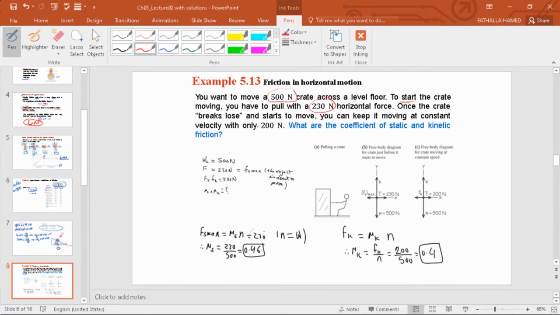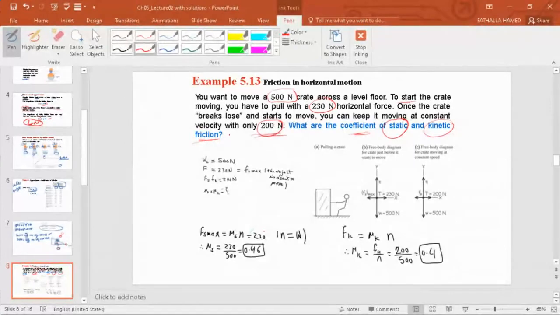Once the crate breaks loose and starts to move, you can keep it moving with constant velocity with 200 Newton. And that will basically make it move with constant velocity, but now the tension that you apply is less. And they ask you here to find the coefficient of static and kinetic friction.